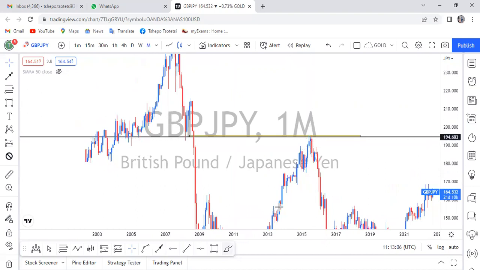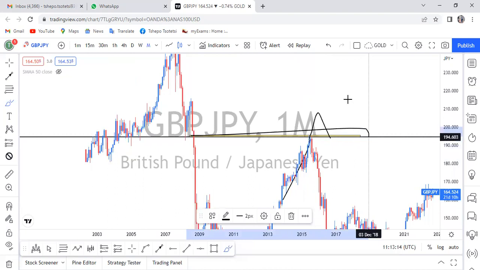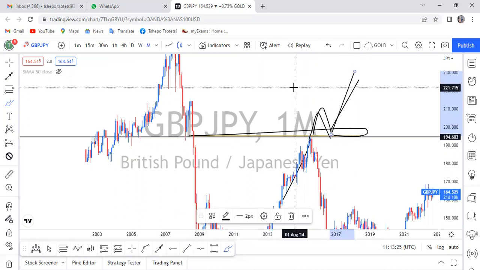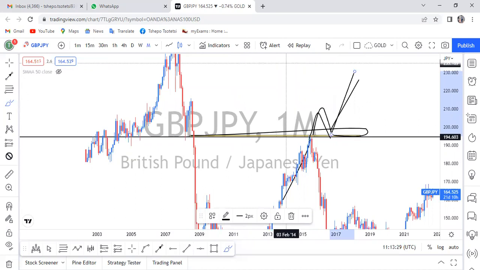But when price goes up and comes back to retest this resistance, it becomes our support, because now price is at our support. Even our resistance can turn into a support, or our support can turn into a resistance, guys.